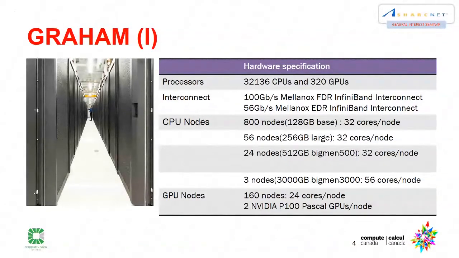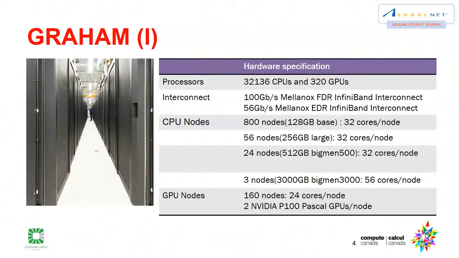As you see in the picture on the left side, we have large rooms accommodating many racks of the physical nodes in the University of Waterloo building. Those machines are connected using 100 GB FDR InfiniBand interconnection, and there is also a 56 GB InfiniBand interconnection for GPU nodes.